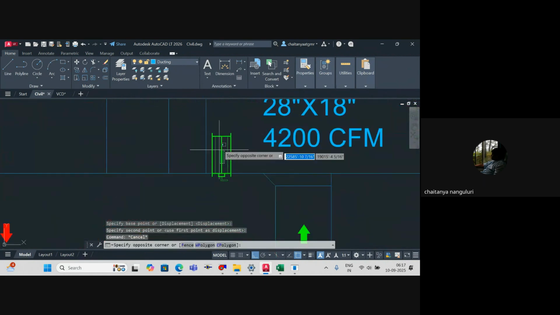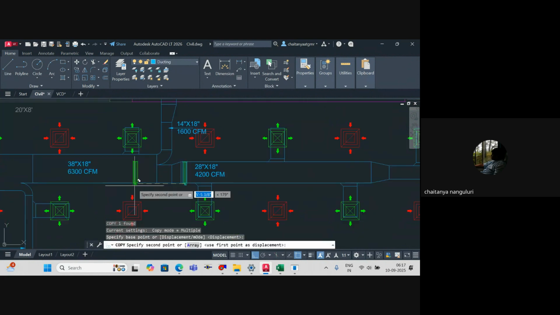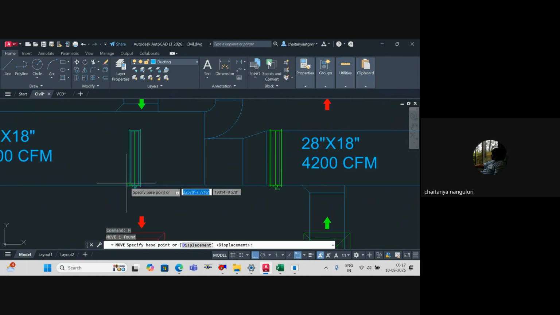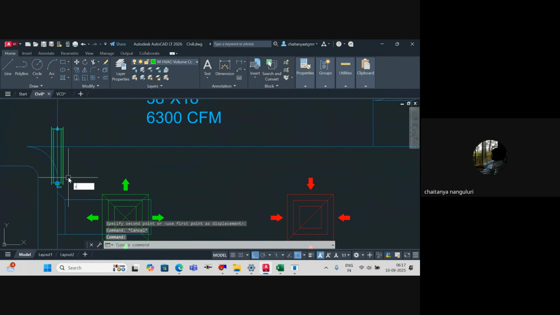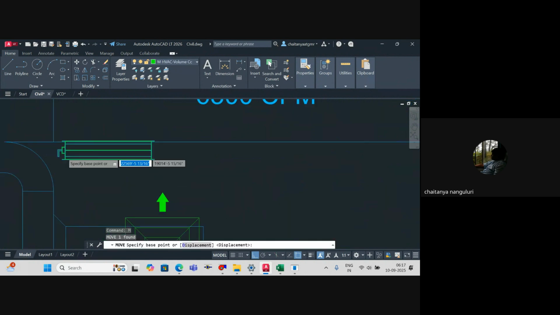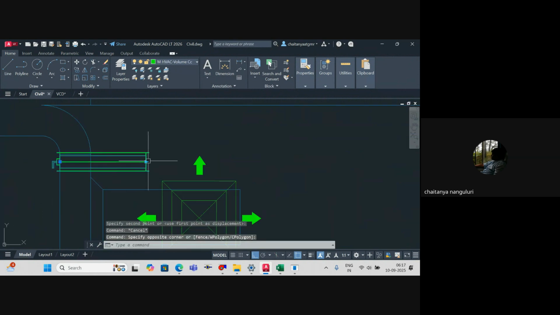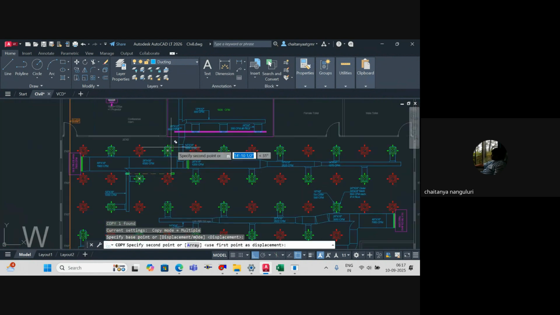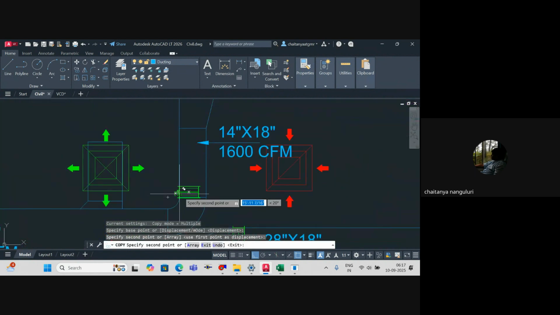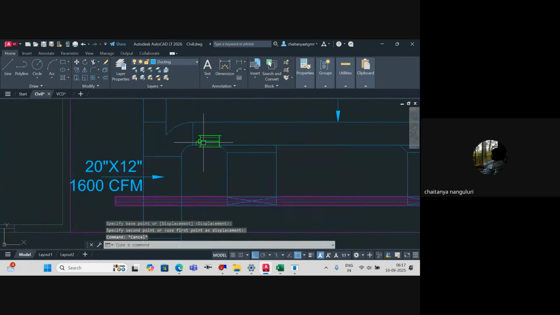So one is over here. Other one is over here. Then you have one over here as well. Oh, sorry. At this location you have. These are the branches that you have.